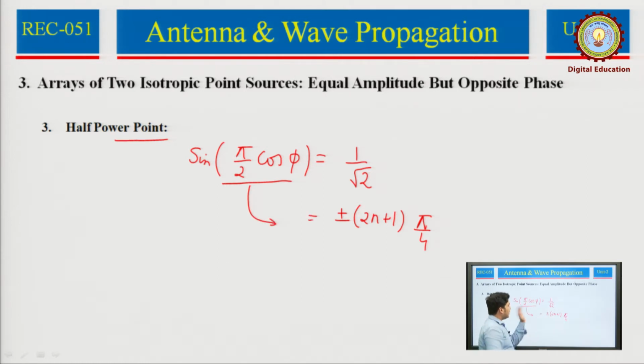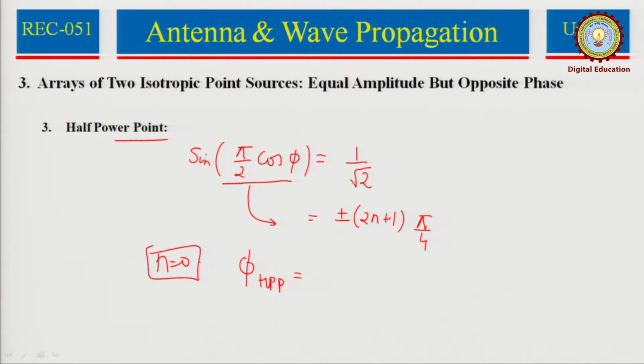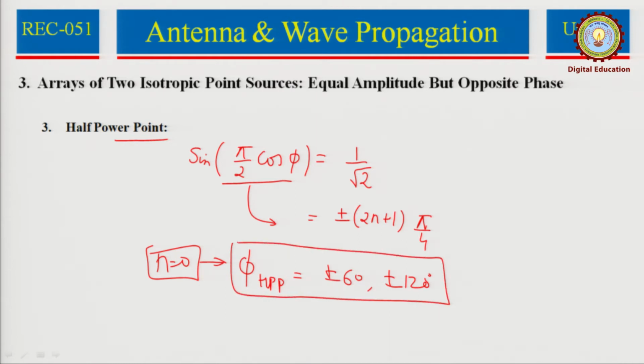Now, again you have to simplify that, and at last we can compute phi half power point. For n is equal to 0, we are solving this, and we will get plus minus 60 degree, plus minus 120 degree. Remember these points, because with the help of these points we can plot our radiation pattern.